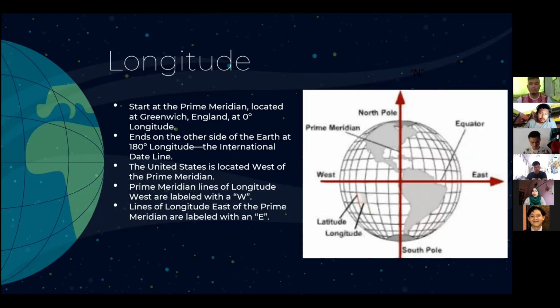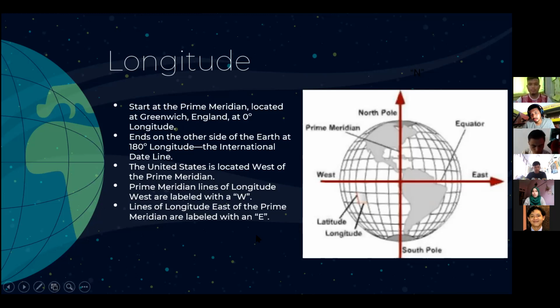The United States is located west of the prime meridian, and these lines of longitude west of the prime meridian are labeled with W, and lines of longitude east of the prime meridian are labeled with an E. Longitude is important, especially to determine time and location together with latitude.